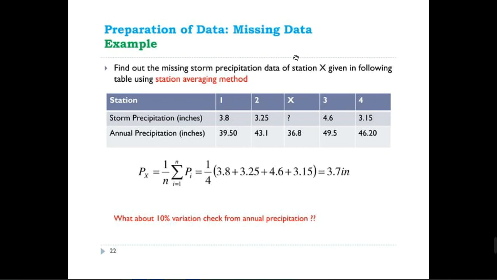We have to find the missing station X storm precipitation. This is the average method, equation 1 by n sigma. Here it is 1 by 4 of 3.8, 3, 3.25, 4.6. So you have to add the storm precipitation values and divide by the number of stations. N means number of stations. Okay, so you can get the value.